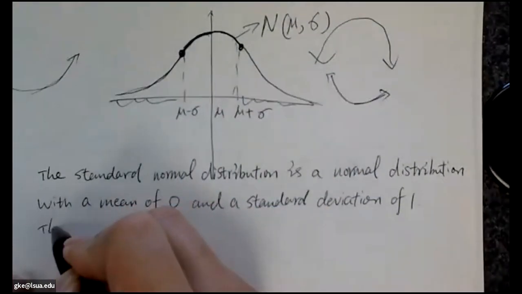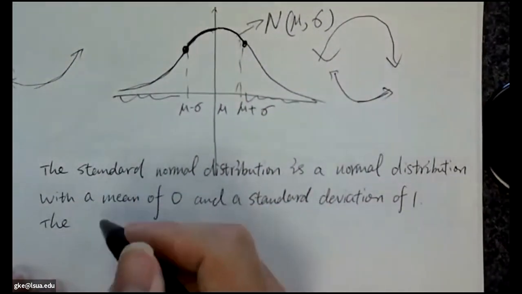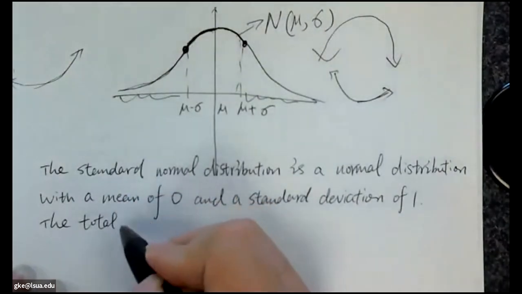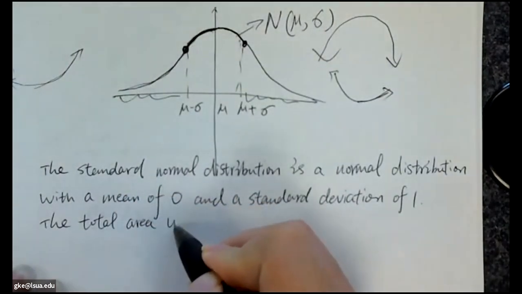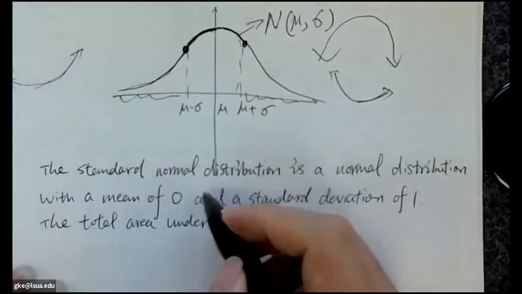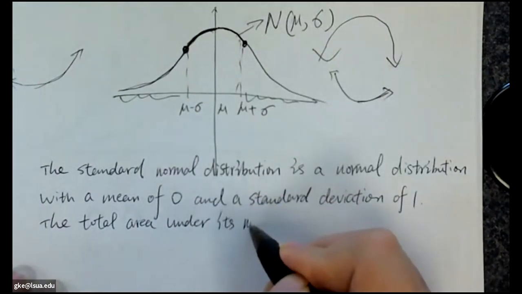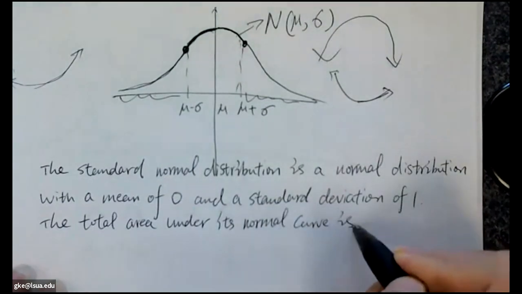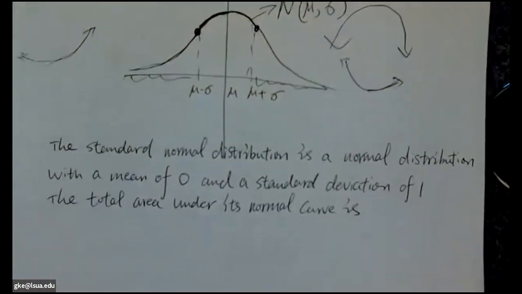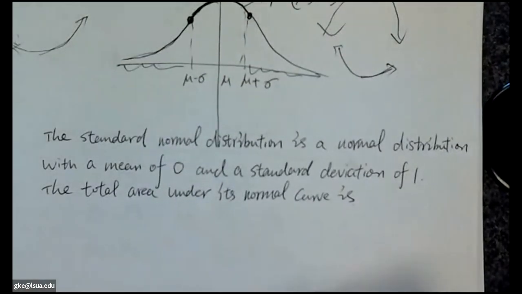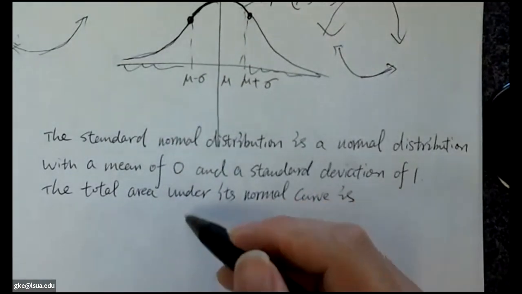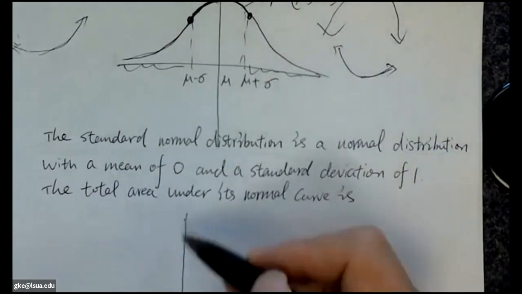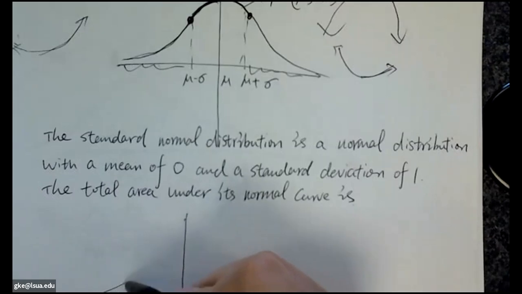The total area on the normal curve is what? It's like that. For example, that is a normal distribution.